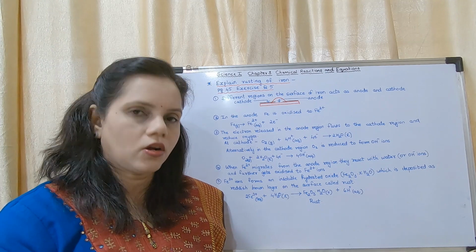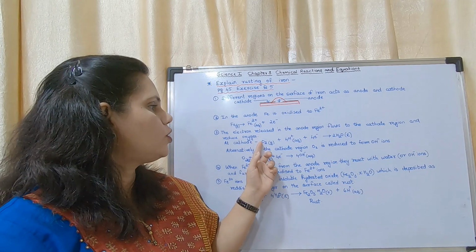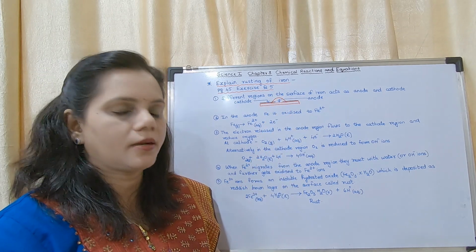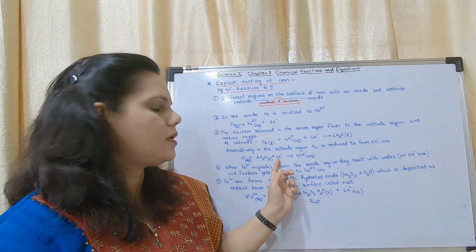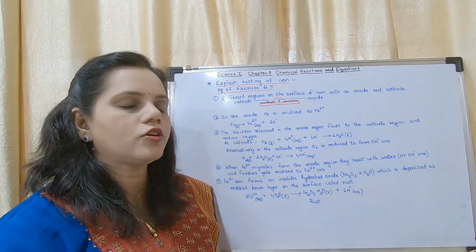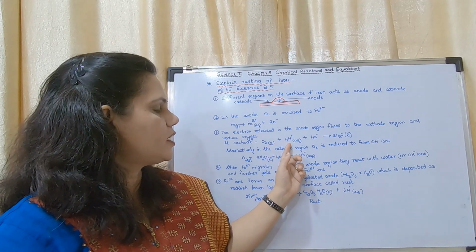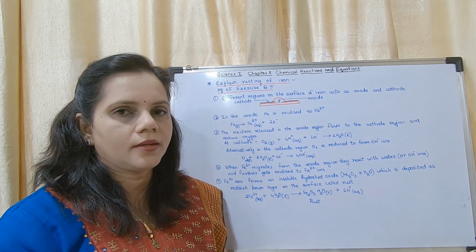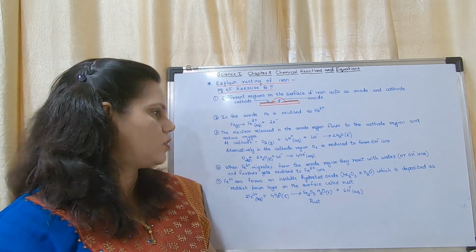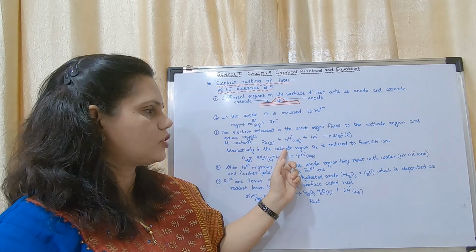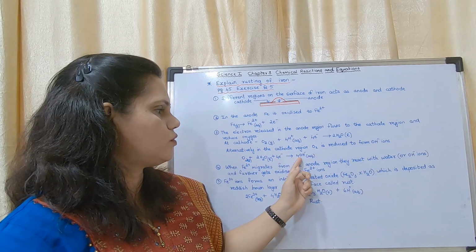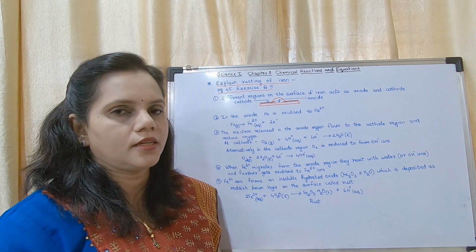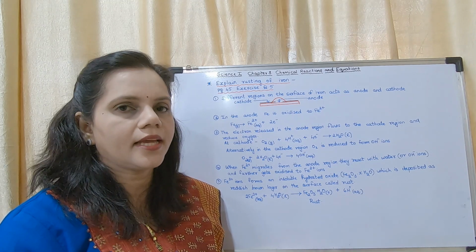They react with oxygen: O2 plus 4H+ plus 4 electrons will give 2 H2O molecules. Otherwise, what will happen in the cathode region? O2 is reduced to form OH- ions. Both these reactions could happen at the cathode.